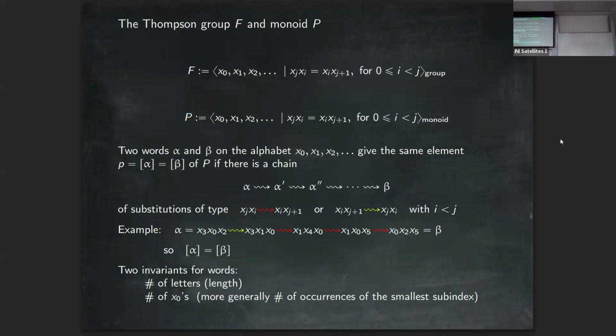Well, it may be difficult or easy, I don't know, but one thing you can observe right away is that the length of the word doesn't change because the relations are homogeneous. So the length is an invariant of the element of the Thompson monoid. And the other thing that is not so obvious, but the smallest index never changes. So x0 is preserved, so the number of x0s in the word is the same. And if there are no x0s, well, the x1s are preserved. So the smallest element in a word is an invariant of the word.